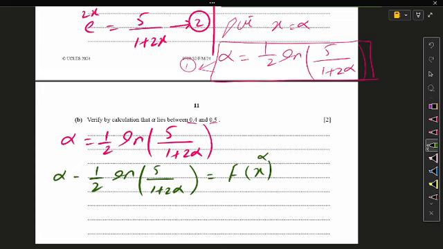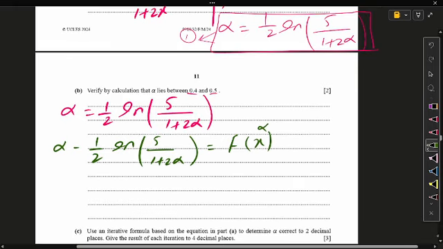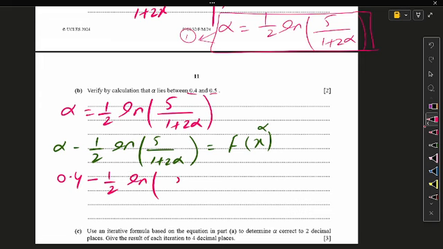For the first time you put the value of alpha as 0.4 over here. Once you put alpha as 0.4, your answer reduces to 0.4 minus 1 by 2 ln of 5 over 1 plus 2 times 0.4, and let's check what answer you get on your calculator.